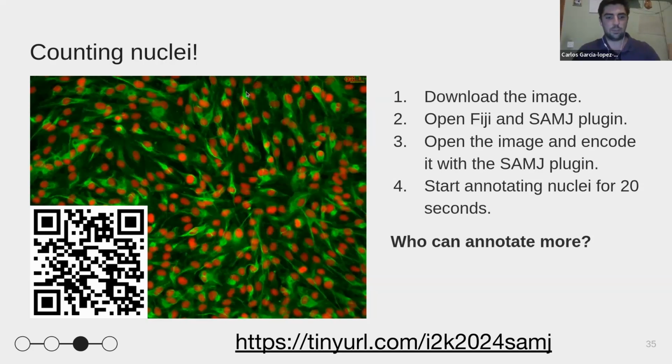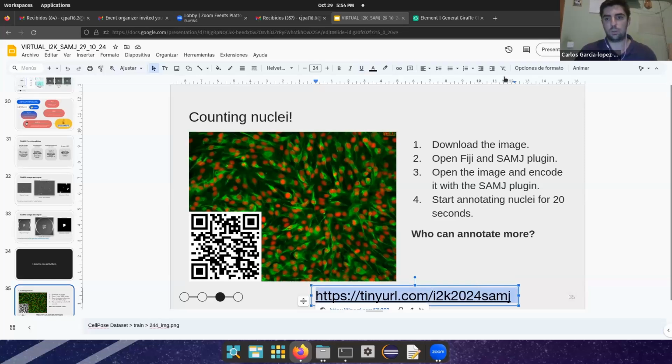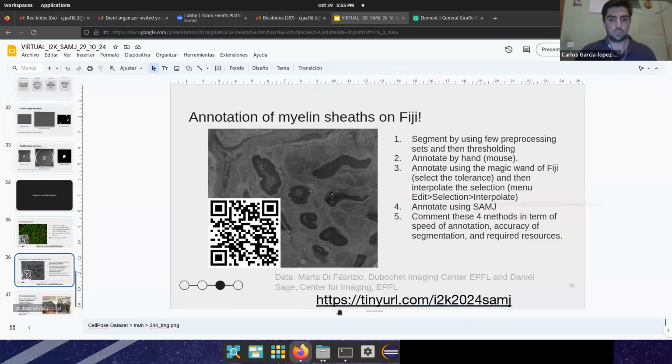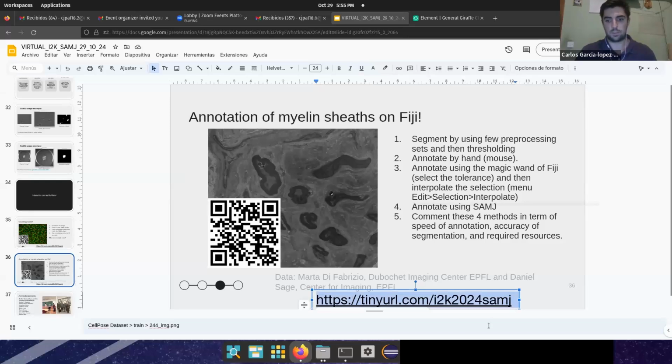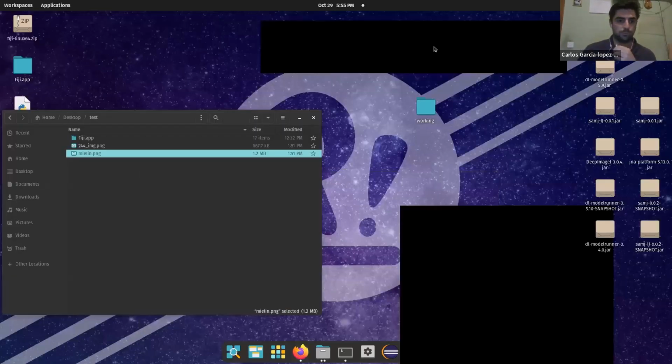So I'll do the activity with you. If you want, I can send a link in the chat to download this image. And then this one too, which is the next one. And I'll just show you how SAMJ works.